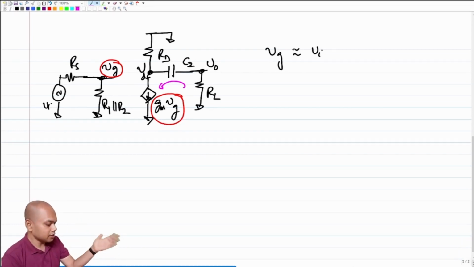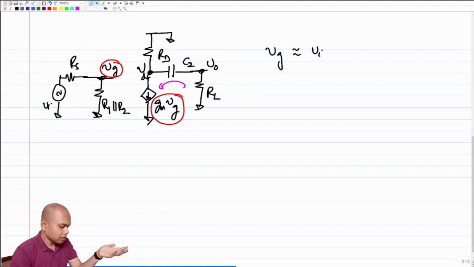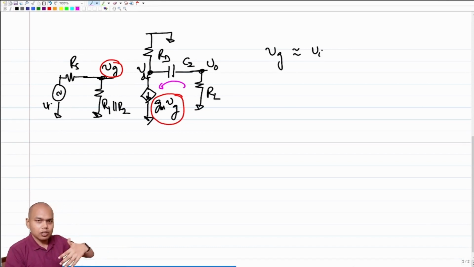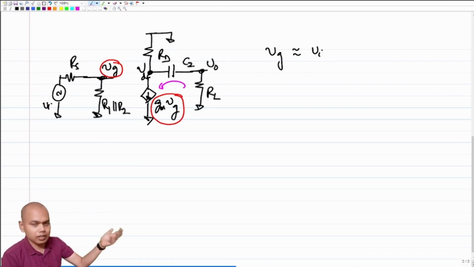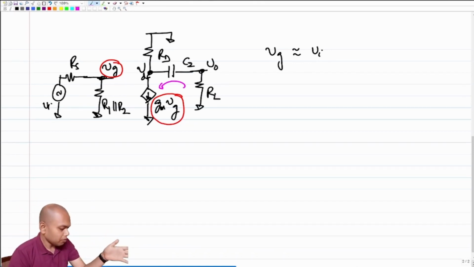I mean the current gets divided at the node Vd, right? GMVG is flowing downwards. So if I want to argue from the perspective of the current flowing upwards, then minus GMVG is flowing upwards. So minus GMVG arrives at the node Vd, and part of it has to go right and part of it has to go top, right? So what part of it will go to the right?